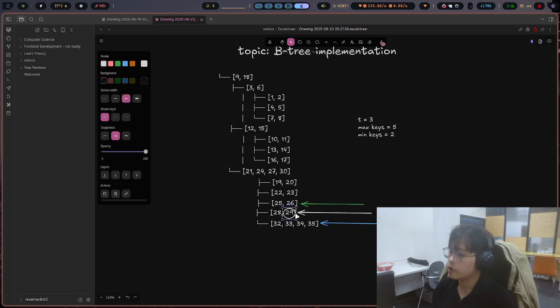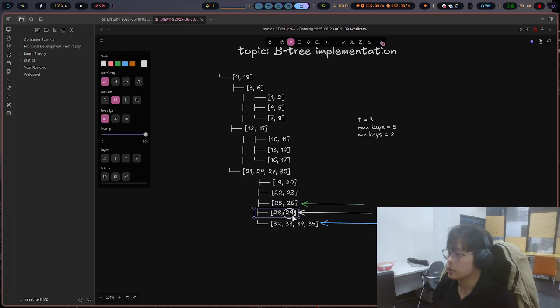But actually, if you put this 31 here and replace 29, that will cause some kind of issue because 31 is bigger than 30. So 30 has to be on the right, not the left.